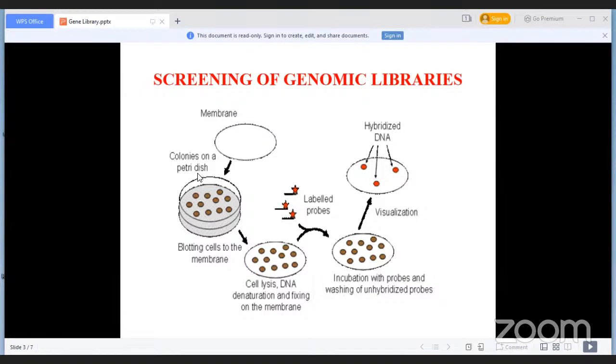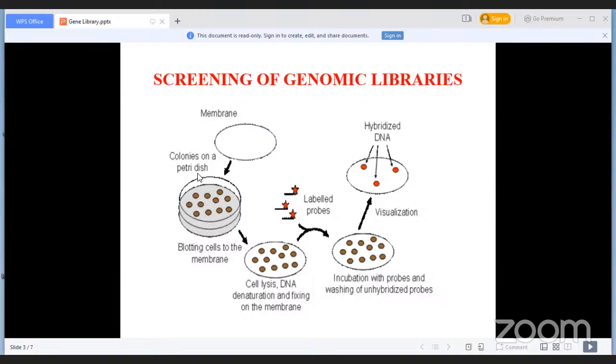And the second one, already told you, introns are not cloned in a cDNA library. That means it completely reduces the total amount of DNA, which means we can easily handle it and easily insert it into the vector. The most important application of the cDNA library is to study the expression of mRNA.